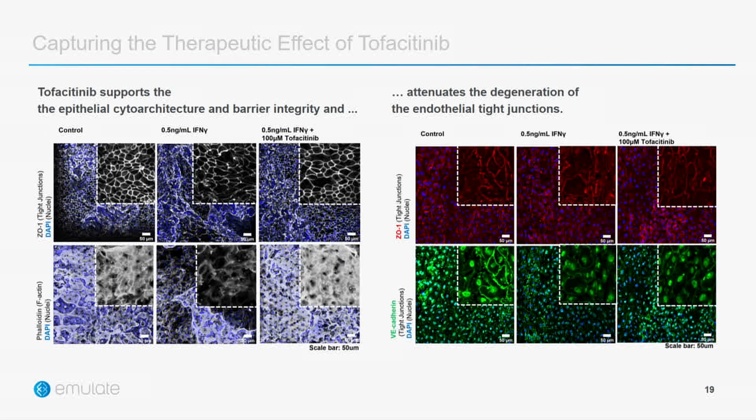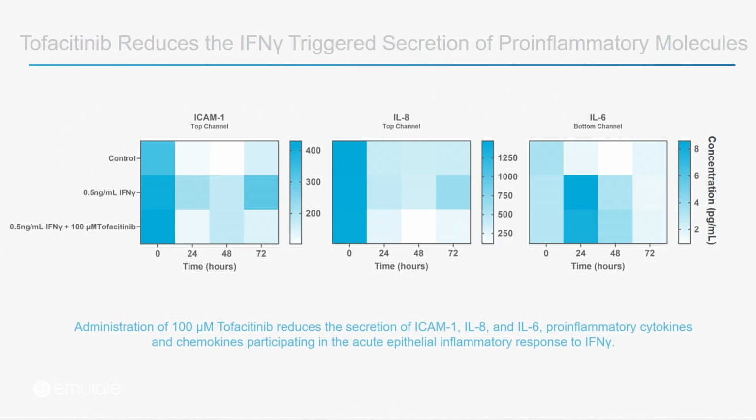The barrier protective effect of tofacitinib was evident not only on the epithelial barrier, but also on the endothelial barrier, as shown by staining against specific proteins for each cell type. And lastly, tofacitinib modulated the secretion of 3 of the interferon gamma-induced pro-inflammatory molecules.